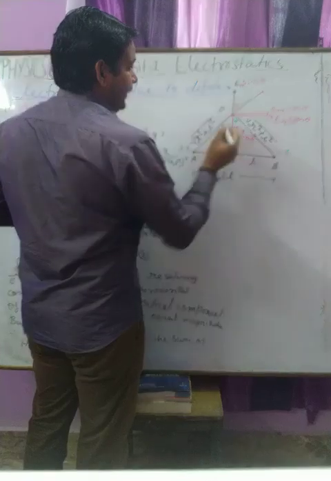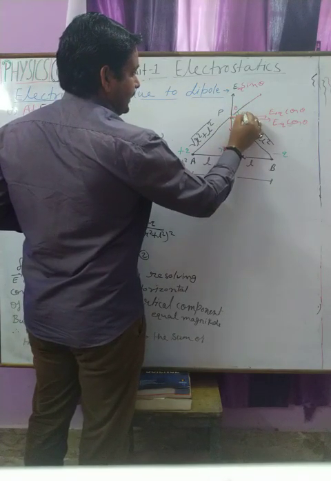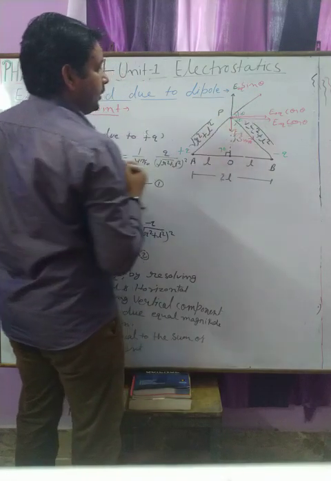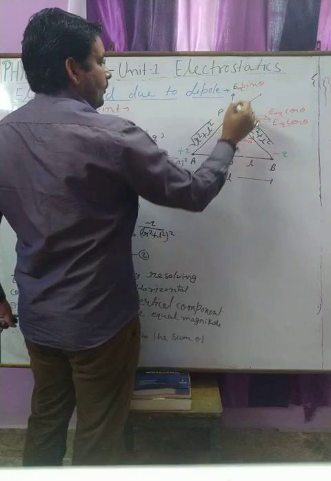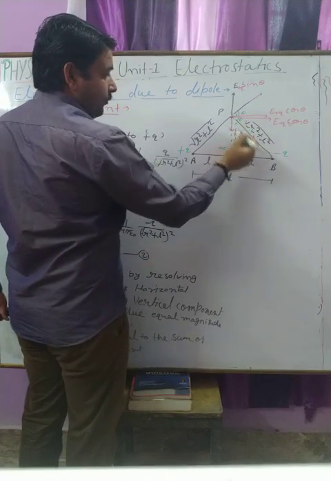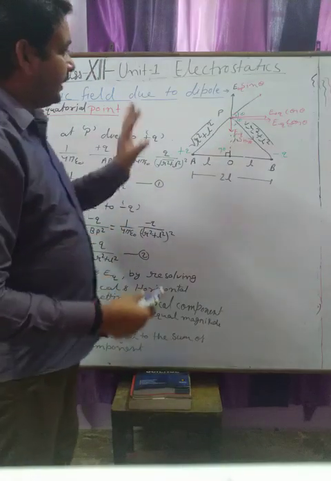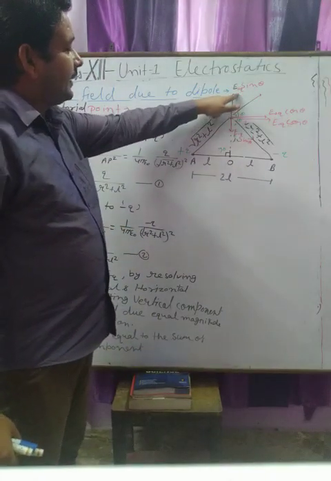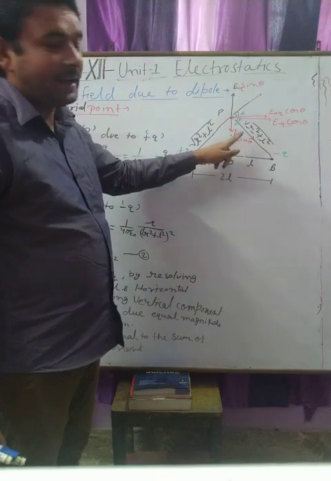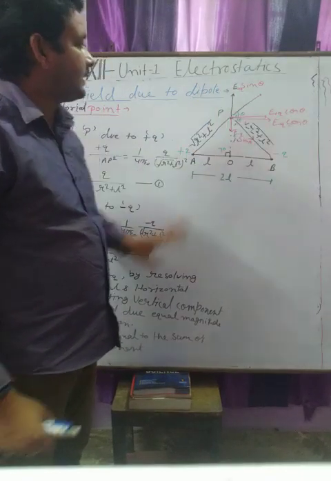From the 90 degree to this is angle theta, and this is angle theta. Therefore this is the vertical component, that is E plus sine theta, and for the negative charge E minus sine theta. Here student, it is very clear the value of electric field due to the positive charge and negative charge is equal but in opposite direction, so they cancel each other.